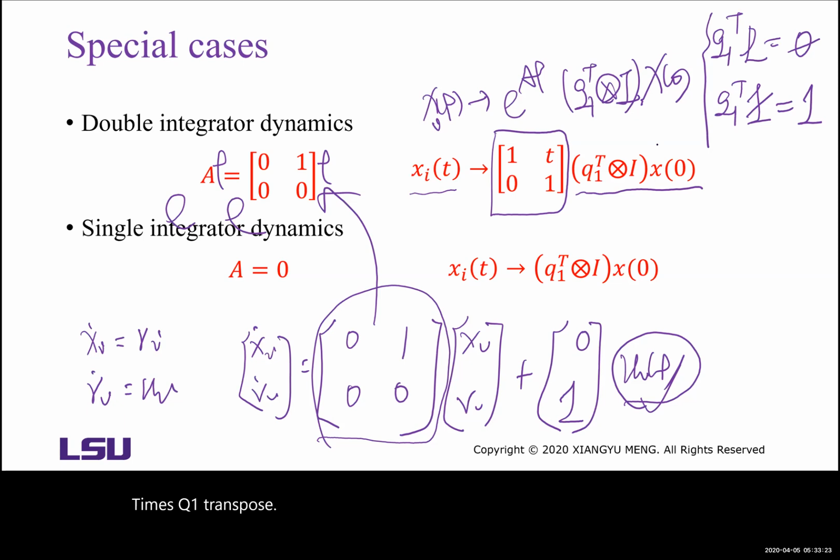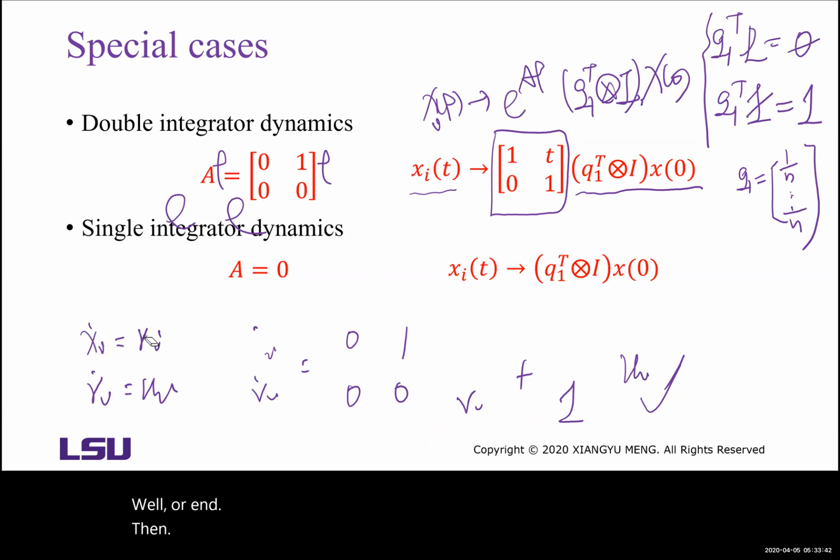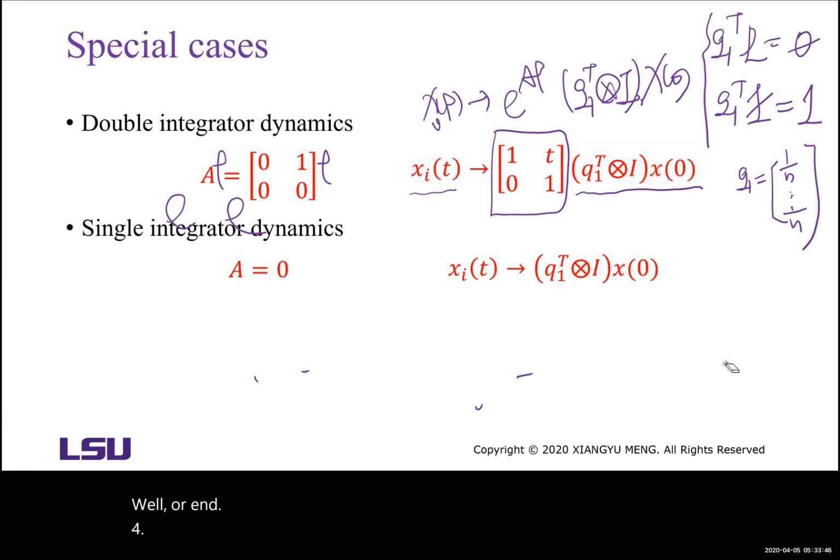Then for undirected graphs, we know Q1 will be 1 over n, 1 over n. Then for the double integrator dynamics, we have 1 t, 0 1.